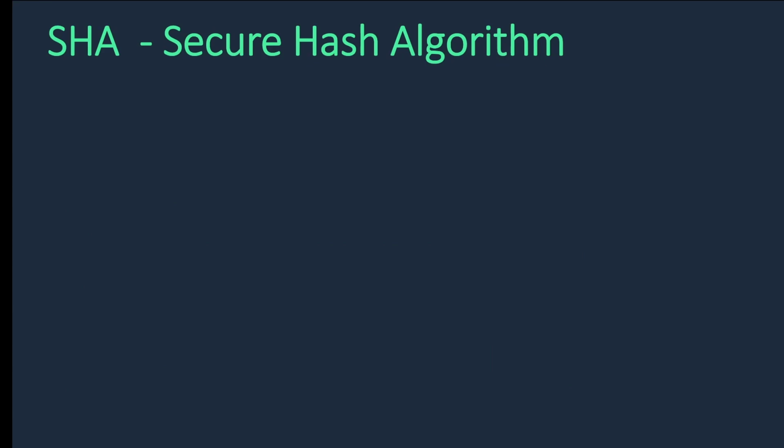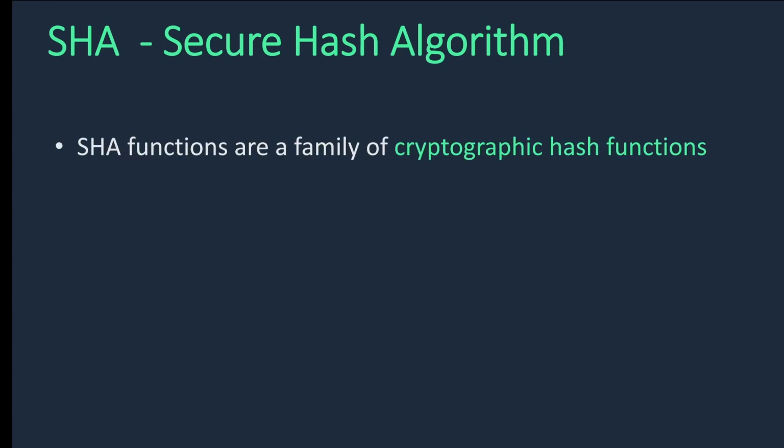So what are SHA functions? Well, SHA stands for Secure Hash Algorithm. SHA functions are a family of cryptographic hash functions. So what do we mean by that? We mean we would like to have a mathematical function that, given an input, gives us hopefully a completely random output that cannot tell us anything about the input.